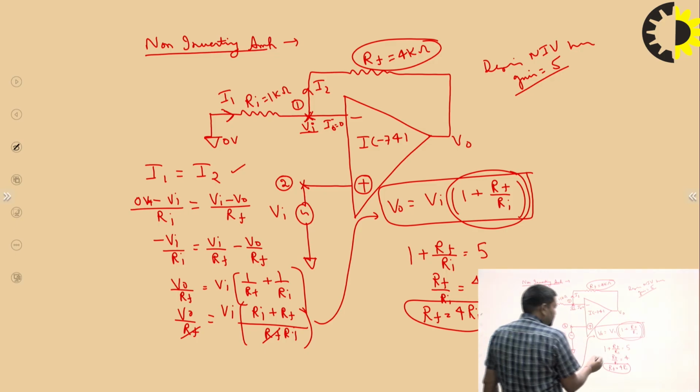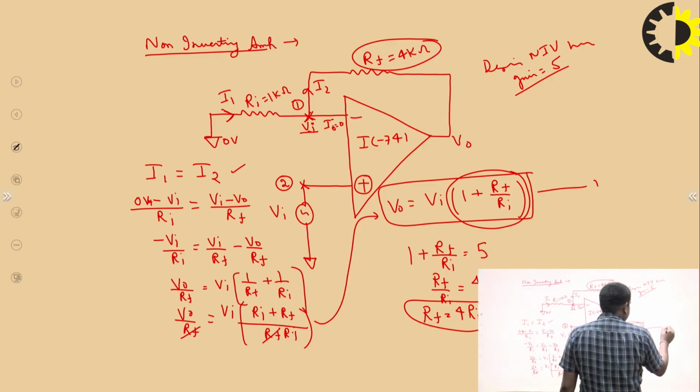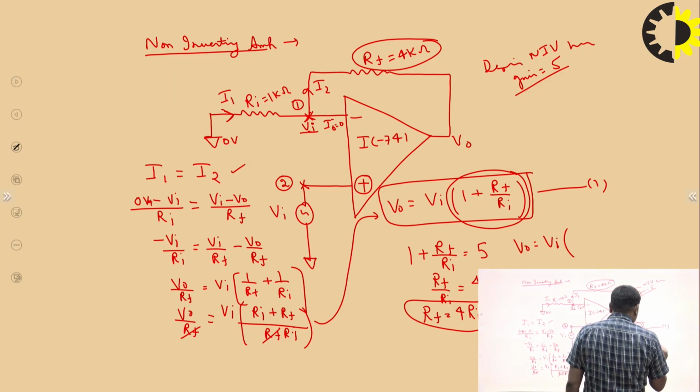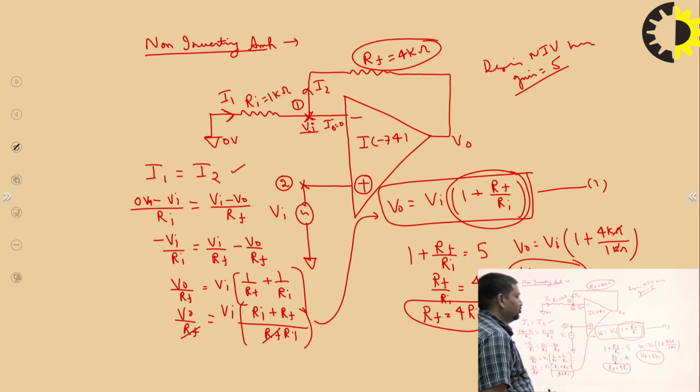If we put it in the parent equation, V0 is equal to Vi times 1 plus Rf upon Ri. Rf is 4 kilo ohm and Ri is 1 kilo ohm, so V0 is equal to 4 plus 1, which is 5 Vi. So we can easily design a non-inverting amplifier by using the op-amp.